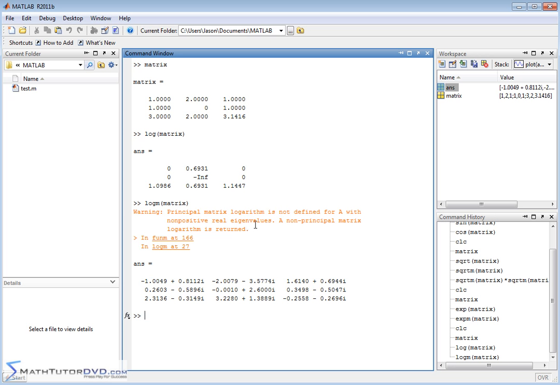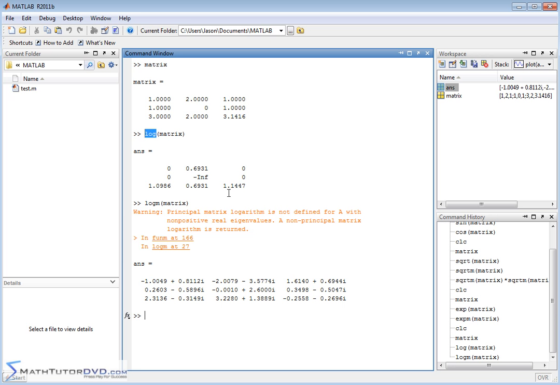It's all about the mathematical definition of how this is done. And here's the answer that it calculated that gives you the matrix logarithm, which looks totally different than this element by element business. So in general, if you're passing, like square roots, exponentials, and logarithms, if you just use the regular old command from MATLAB that you've used before, then it's going to go element by element. In most cases, that's probably what you want.